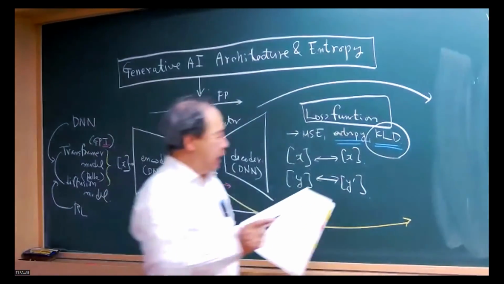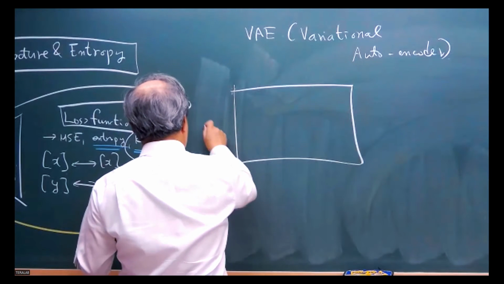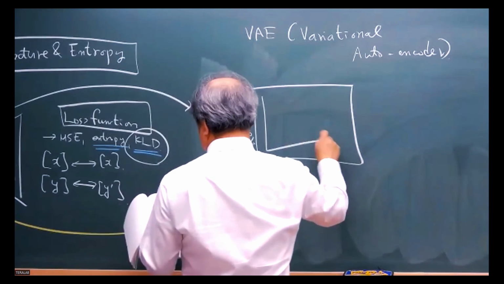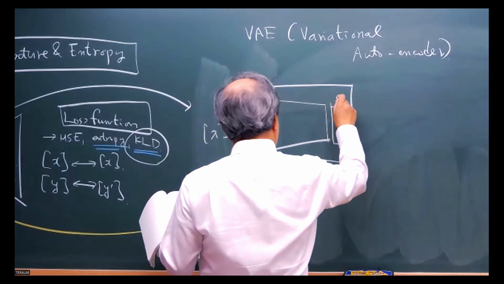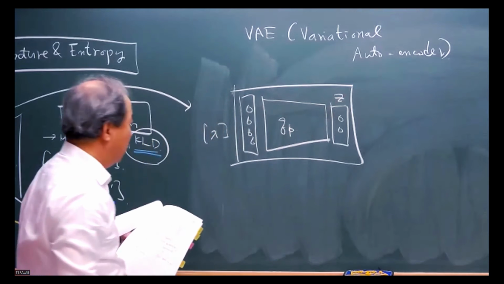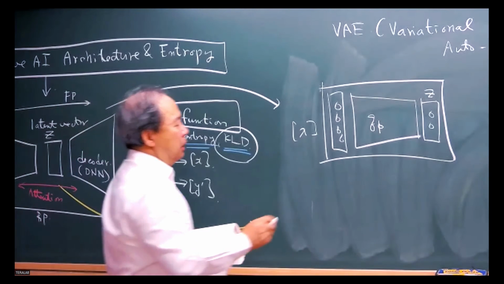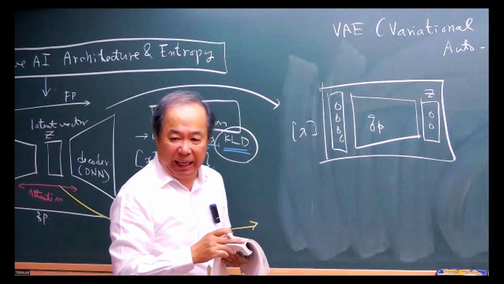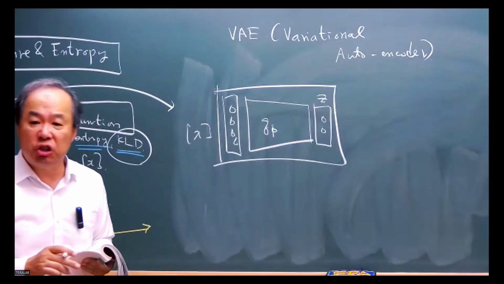It has this kind of architecture. It has an encoder. The encoder has an input vector represented by vector x, and the output of this encoder will be the latent vector g.